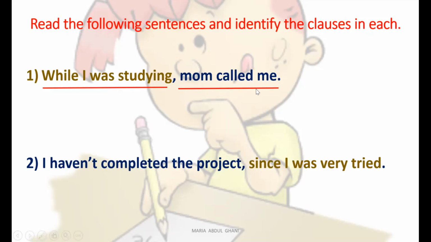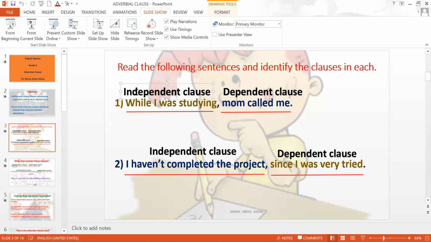Mom called me is the independent clause. While I was studying, is it independent? Can it come in the sentence by itself? No. Oh, sorry, I made a mistake. I'll correct it at once. Here, it's dependent.